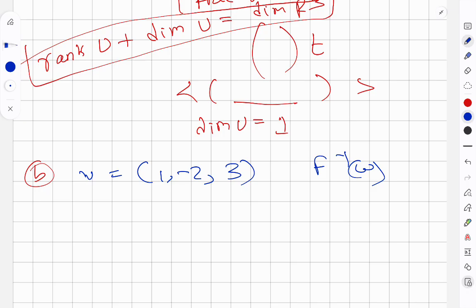F inverse of w. So here you have the reverse case.